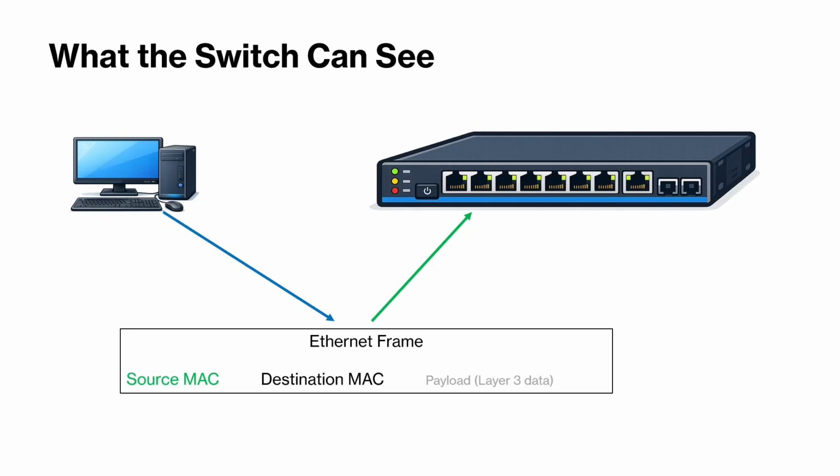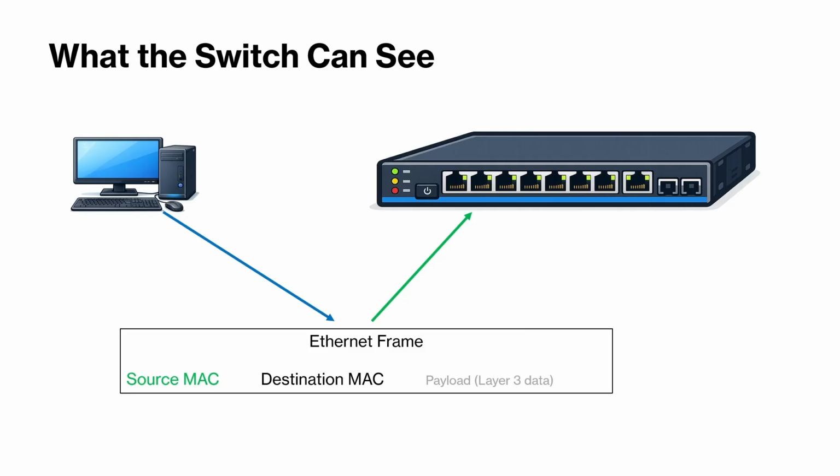Now we need to understand what information a switch actually has available. A switch is a layer 2 device. That means it makes decisions using Ethernet information, not Internet information. So when a switch receives traffic, it does not look at websites, apps, usernames, or IP routing. All of that is either higher layer stuff or it's inside the payload. What the switch does look at is exactly what you see right here.